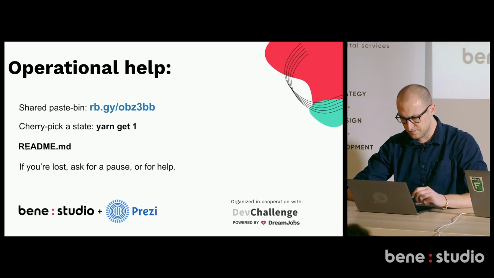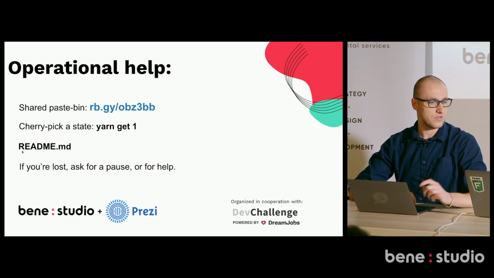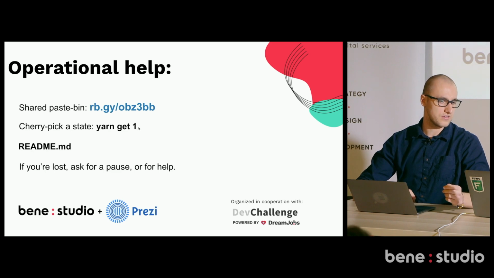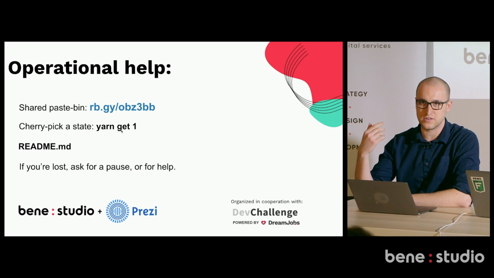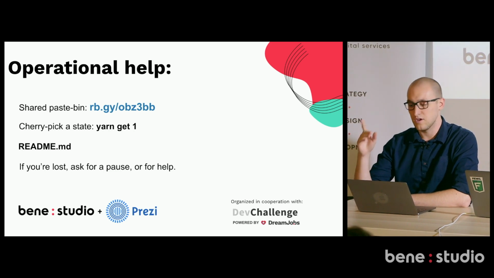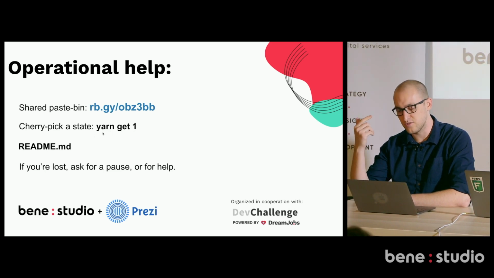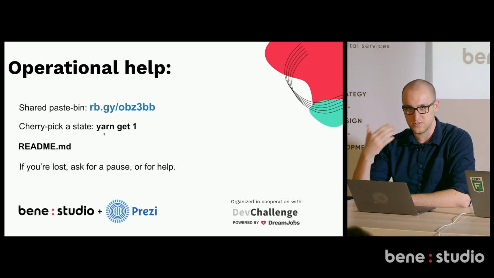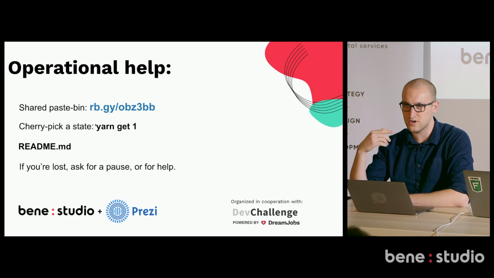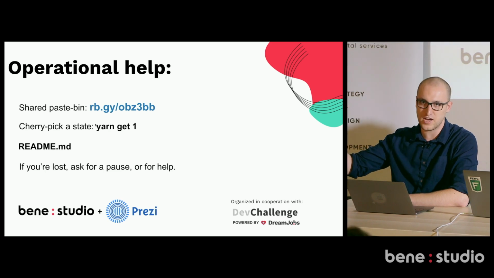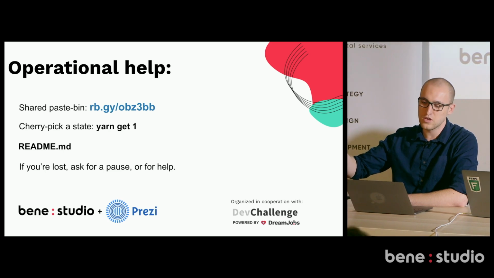With this yarn get x script, you can apply the changes in a certain step to your code. But be aware, your changes will be stashed and the code will be applied over it. Also, if you want to fast forward to a further step, let's say step 5, and you have done the coding up until step 2, you will need to apply the in-between steps in sequence.